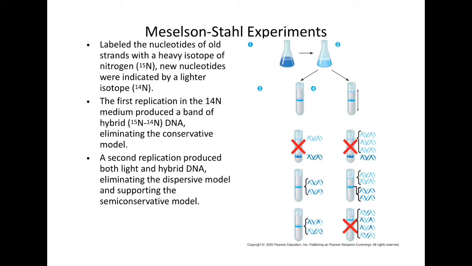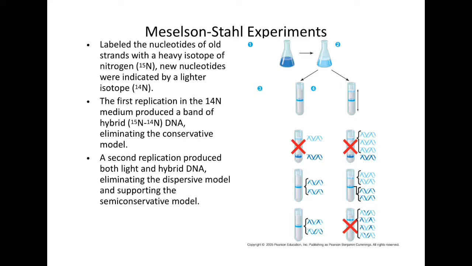coli in N15 medium of nitrogen isotope and N14. They cultured in pure N15 and transferred into N14, or N14 to N15. In between, we can see a hybrid strand of N15 and N14.